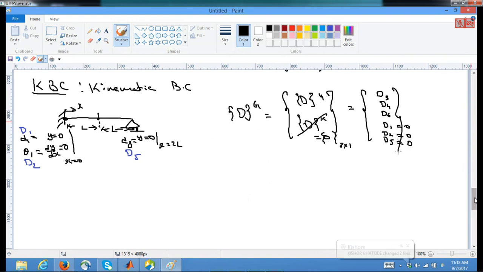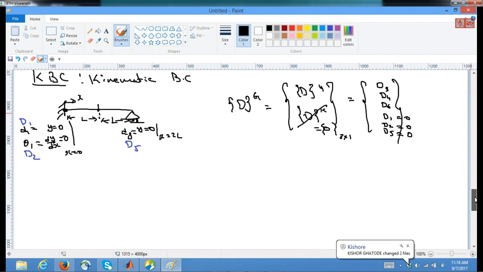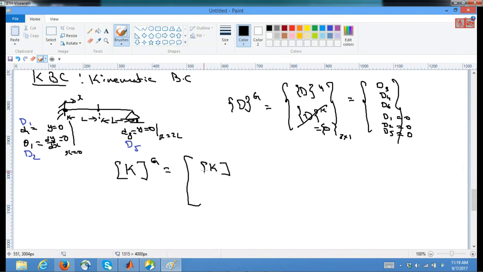Now that can be split into K unknown unknown, K unknown known, K known unknown, and K known known.